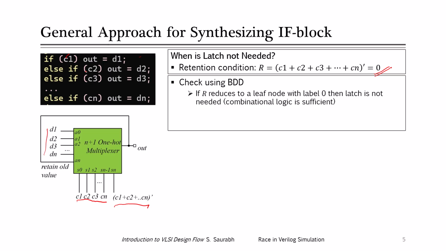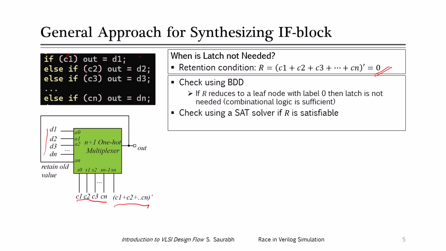A combinational logic is sufficient to model this if-else if condition. Sometimes, if we build the BDD for a Boolean function, the BDD may take a large amount of memory, and we may not be able to represent it compactly using BDD packages. In those conditions, we can use a SAT solver, which is more scalable than BDD.